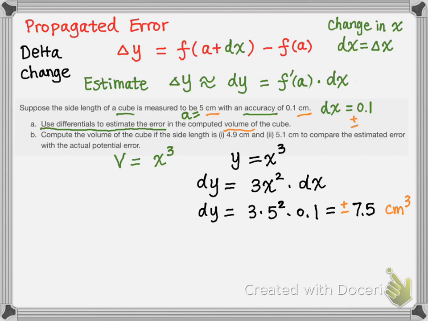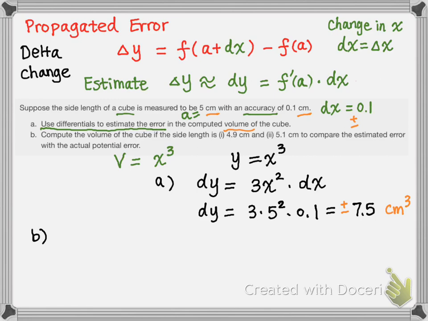Now, how does it compare to the propagated error, delta of y? Let's take a look. In part A, we found the estimated error is plus or minus 7.5. So let's see the actual error, part B.